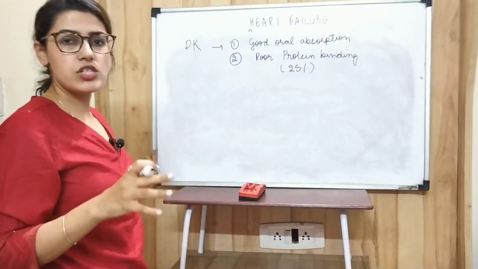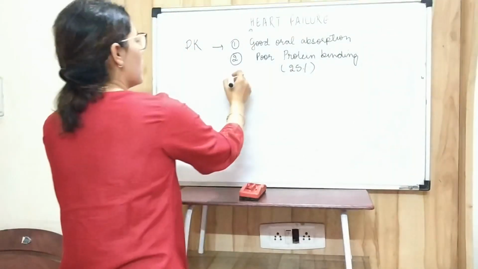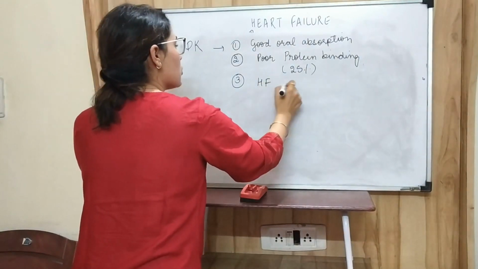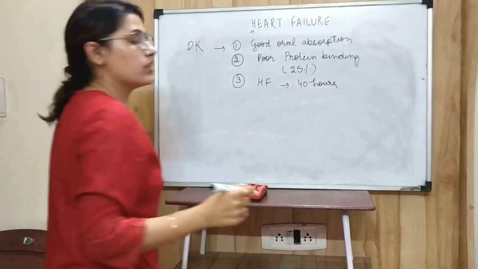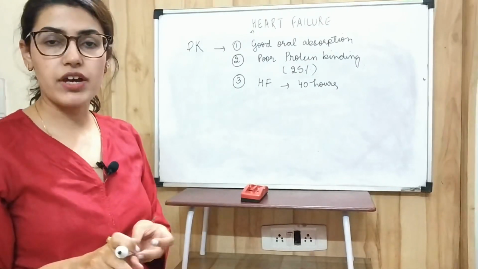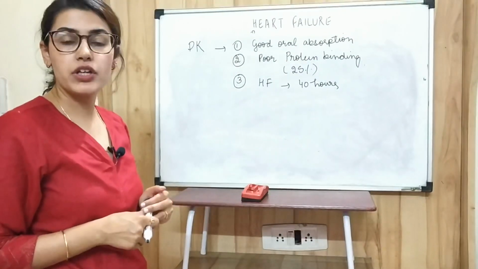Only 25% plasma protein binding is seen in digoxin. Third point is that the half-life of digoxin is around 40 hours. There are very few drugs in pharmacology for which you have to remember the half-life, and digoxin is one of them. Digoxin has a half-life of 40 hours.